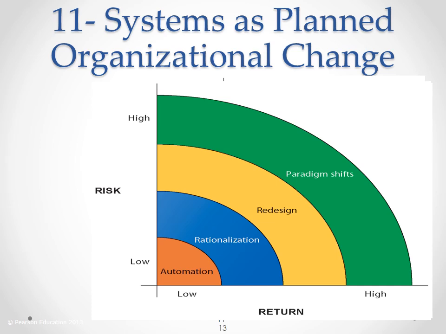At the same time, the return is very big and high. An example of a paradigm shift is changing the business from, for example, car assembly into car production, which is totally different and a total change in the business nature.